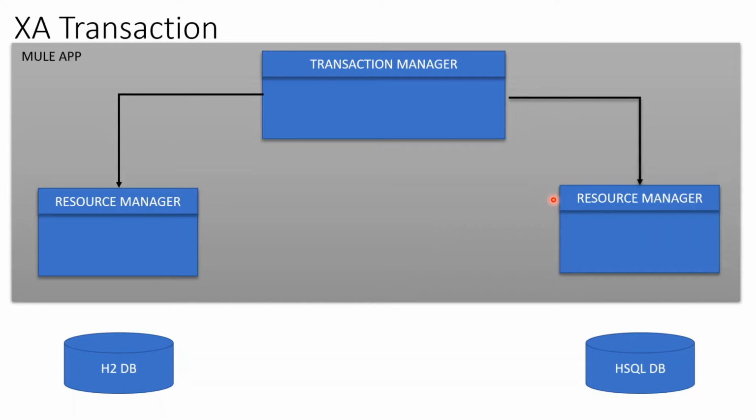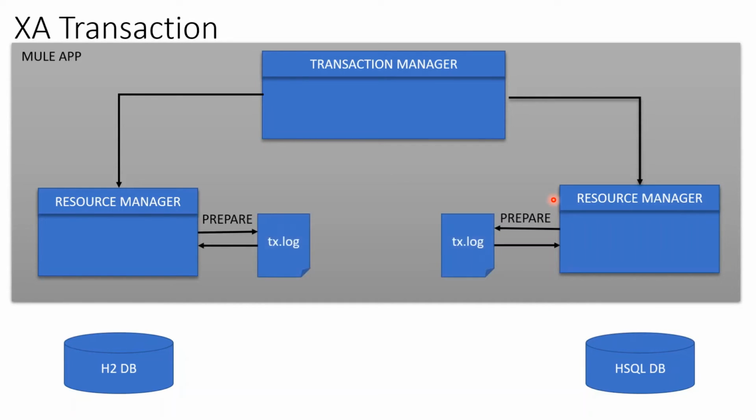Now the two-phase commit, as the name suggests, has two phases. The first phase is to prepare. Whenever a transaction is started, the transaction manager calls the participating resource managers to prepare for the first phase. So what exactly is done in the prepare phase? The transaction manager sends an order to both the resource managers and asks them to start the prepare phase.